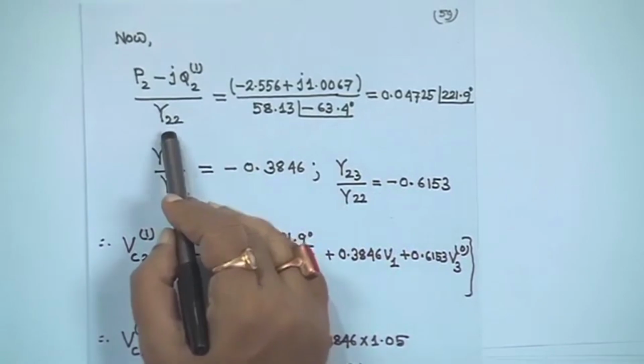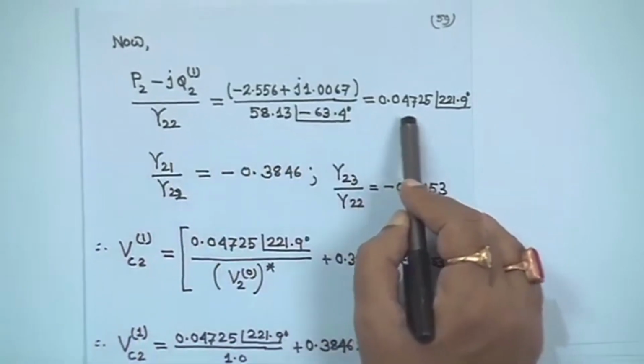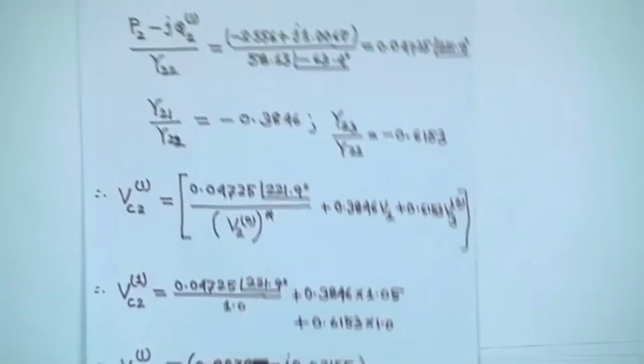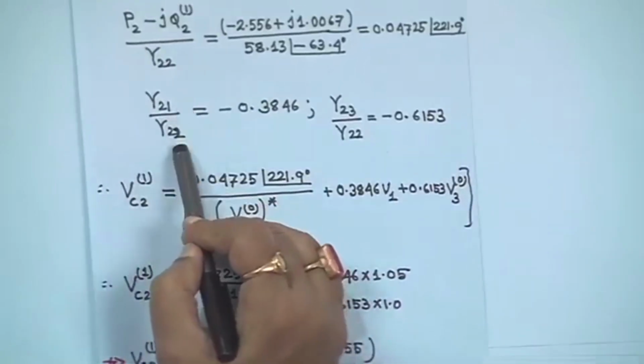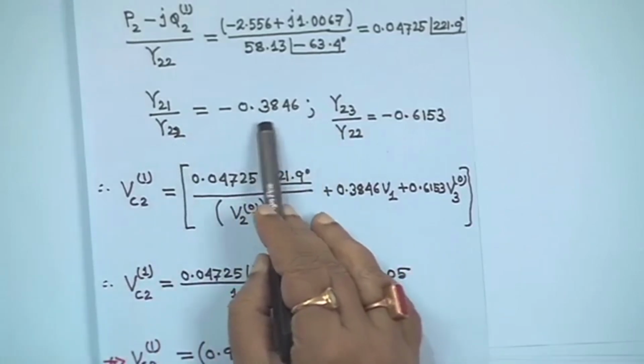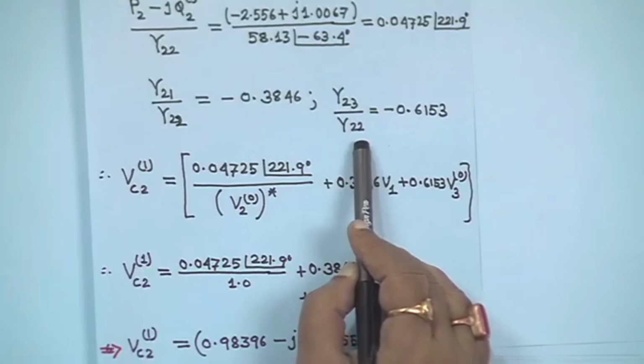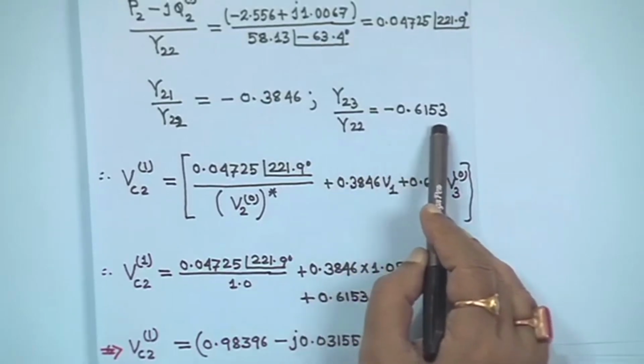Substitute all, divided by Y22, and you will get 0.04725 angle 221.9 degree. Next, Y21 upon Y22, earlier we have got it, that is minus 0.3846. Similarly, Y23 upon Y22, earlier you have got minus 0.6153.